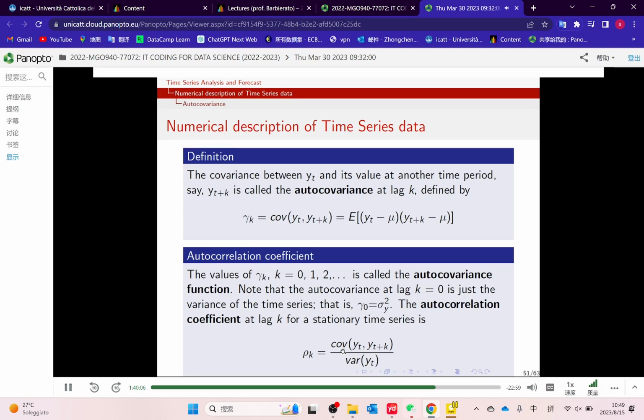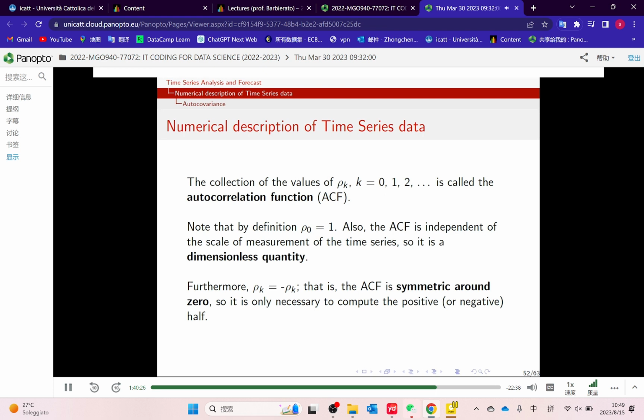It's just calculated as the ratio between the covariance and the variance. And again, you develop a lot of values, because if this is a pair, you will have a first value for the first pair, then the second, then the third, the fourth, the fifth, and so on. This is called the autocorrelation function.